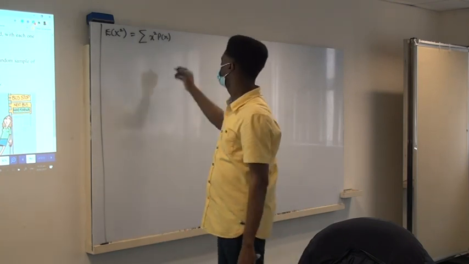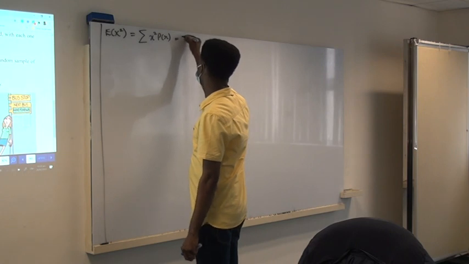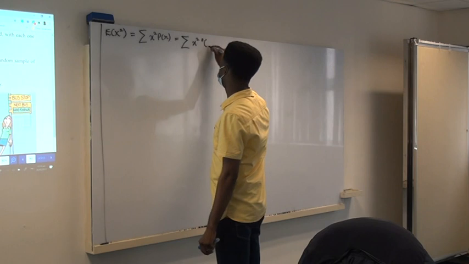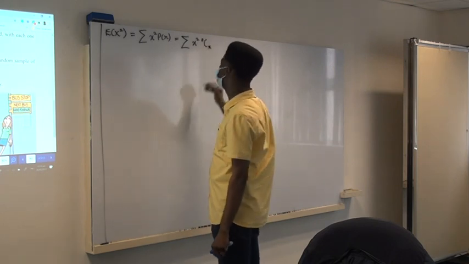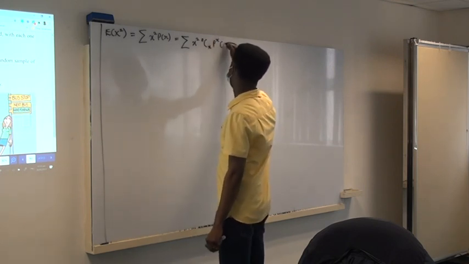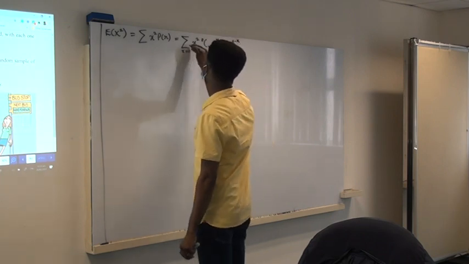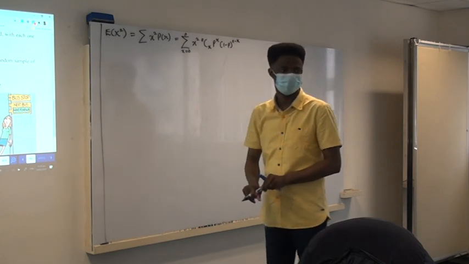Okay? So in this case, it is the summation of x squared, then n combination what? X, right? P raised to power x, 1 minus p raised to power n minus x. Your x goes from 1 to n.